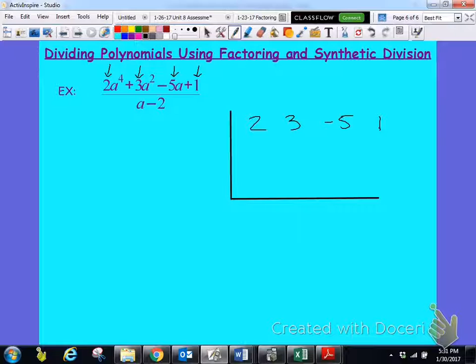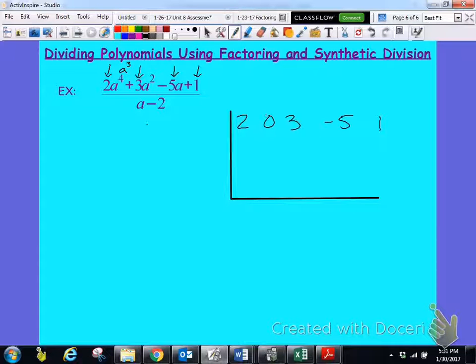Now, if you look back, you'll notice that I do not have an a to the 3rd. So I have to put a 0 in between my 2 and my 3 to represent 0a to the 3rd.